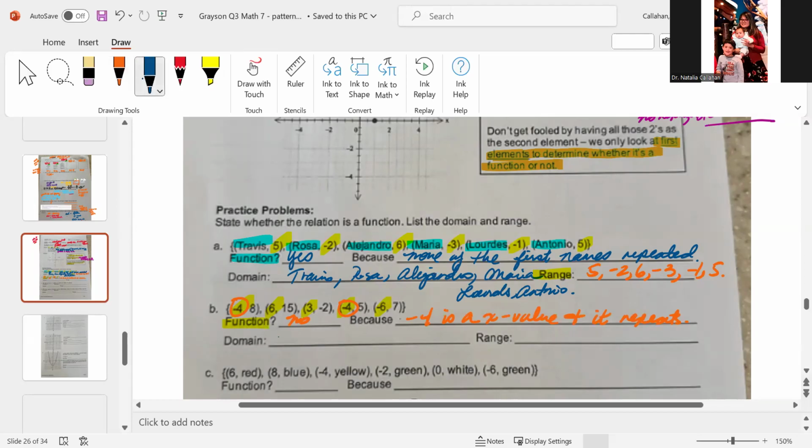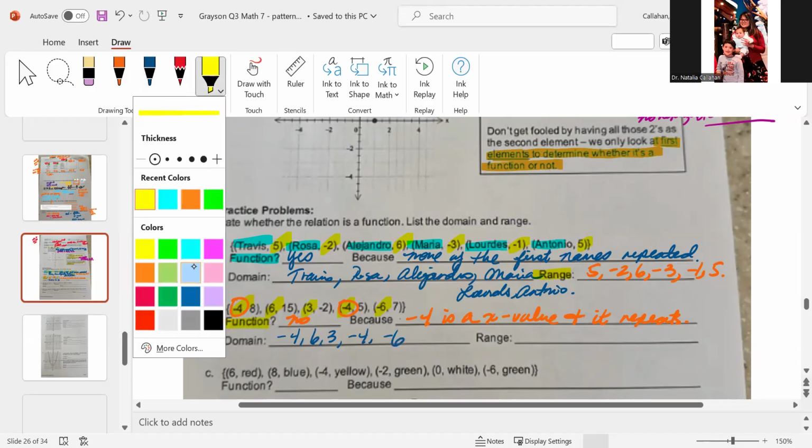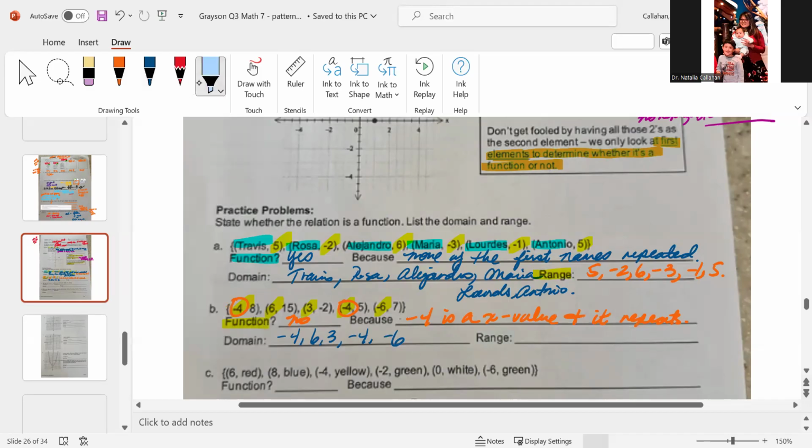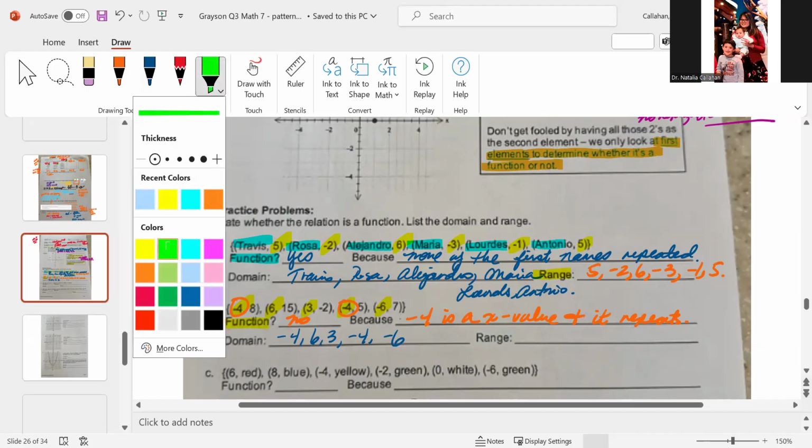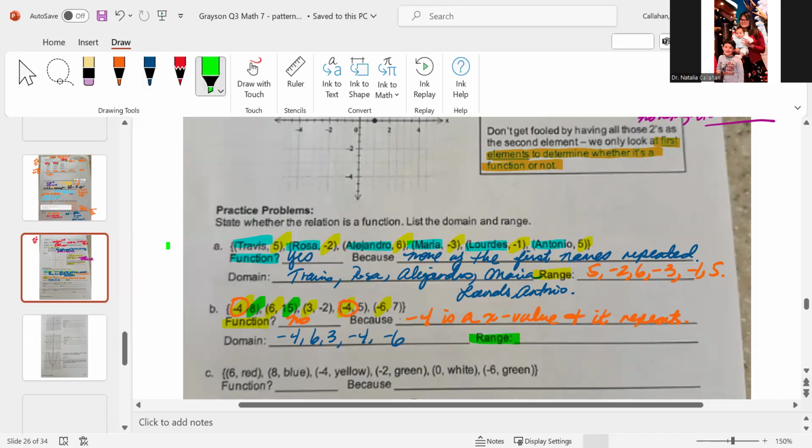Then you list the domain, which is negative 4, 6, 3, negative 4, negative 6. The range is the set of Y values: 8, 15, negative 2, 5, 7. So when you list that, it'll just be 8, 15, negative 2, 5, 7.